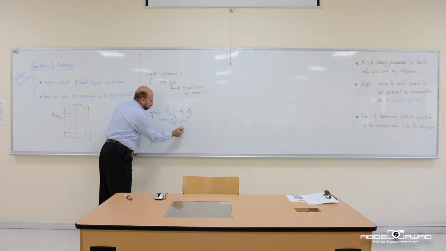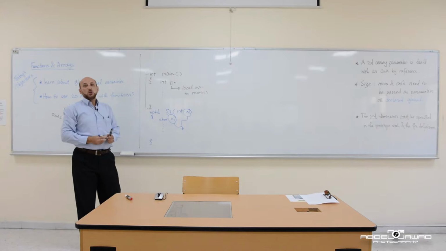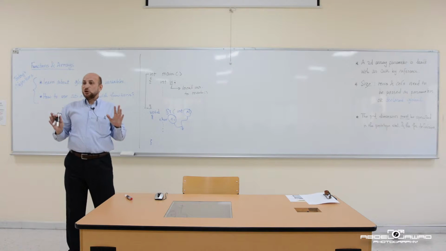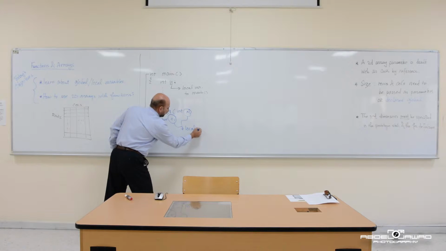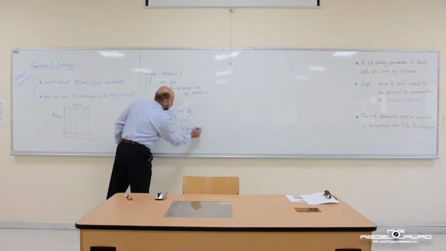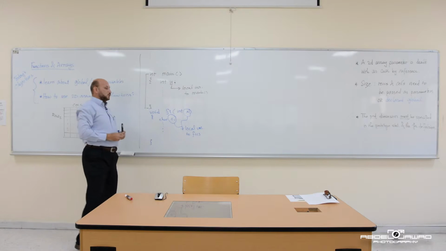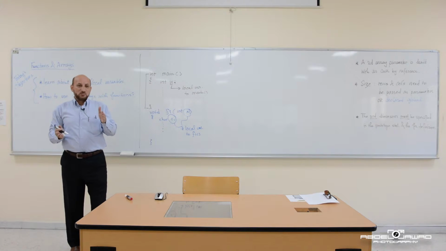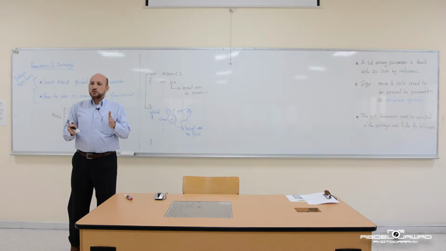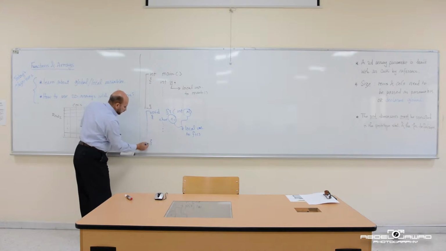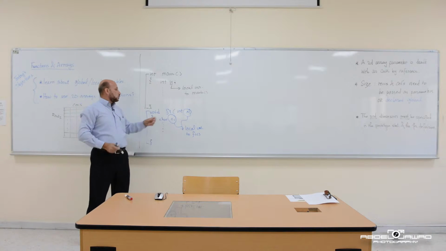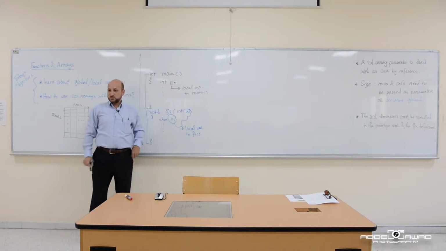How many local variables do we have in F1? Two. And we say that they are local to F1. So a local variable is a variable that is declared within a certain specific scope, and that scope is usually a block. A function is a block.